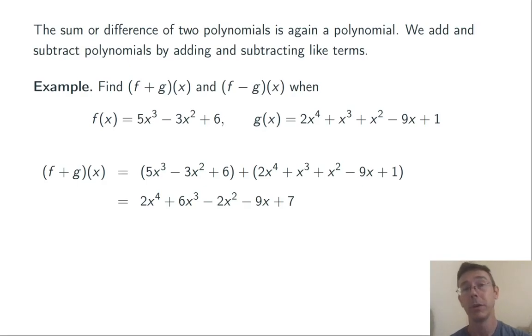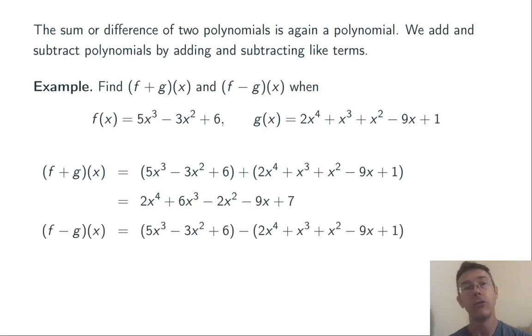Now I'm going to go through and combine like terms. First, I look at the fourth power terms. There's only one here, 2x to the fourth. The third power terms, the x cubes. The function f has 5 of them, and the function g has 1 of them, so overall I have 6x to the thirds. For the x squareds, I have negative 3x squared plus x squared, so negative 2x squared, and so on.